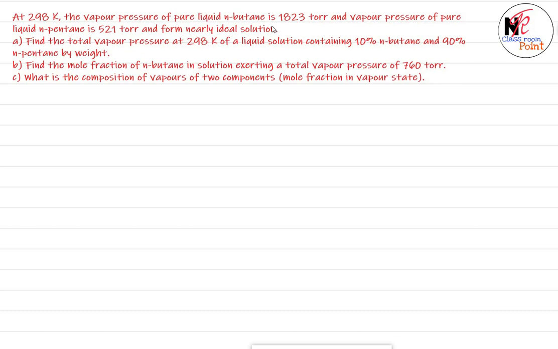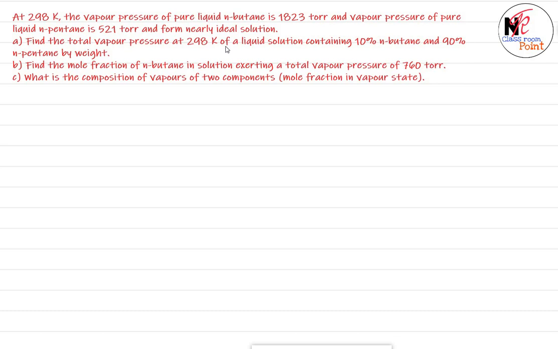Partial pressure is always equal to pure vapor pressure times mole fraction. That is the reason why initially we have to calculate the mole fractions of N-butane and N-pentane. Later we have to substitute these mole fractions along with the pure vapor pressures in this formula: total vapor pressure equals the sum of the partial pressures. Then we shall get the total pressure of the solution.